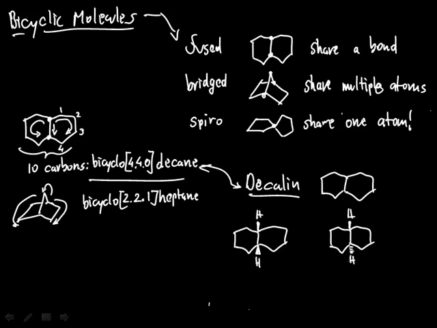If we try to draw out the conformations of decalin, what we'll see in the case of cis-decalin is that if we have 2 hydrogens pointing to the top, the 2 carbons have to point to the bottom. So this one will point this way, and this one will point this way, and then to close the ring we will get something that looks like this.